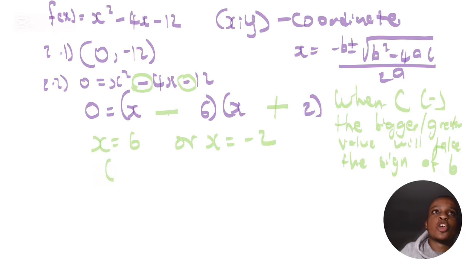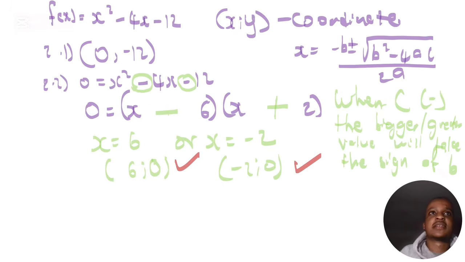I write this in coordinate form. So on the x-axis I have 6 and 0. Remember, on the x-axis y is always 0, so negative 2 and 0. So those are my x-intercepts. That is correct.